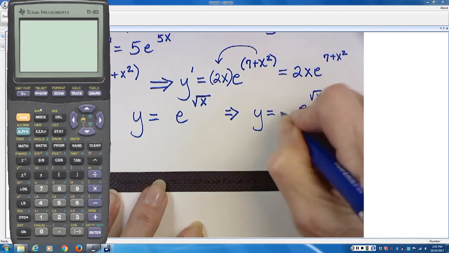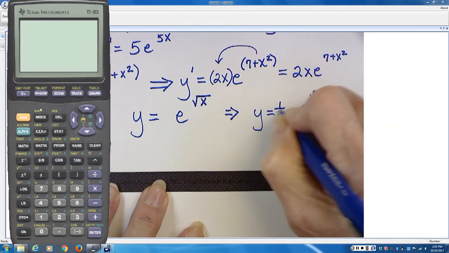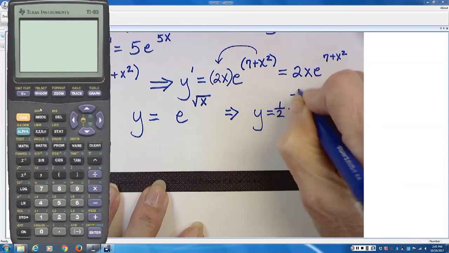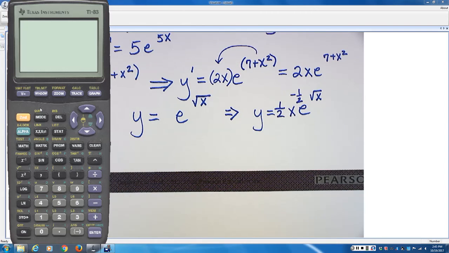Exactly. The only reason I bring it down in front is because it kind of looks better than it does stuck out there after the power, and you're sure where the power ends that way.